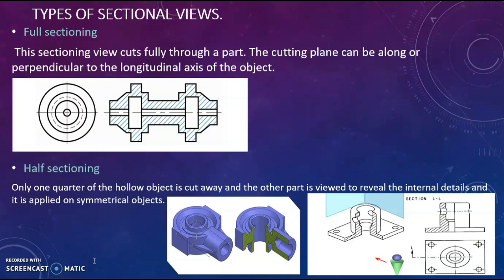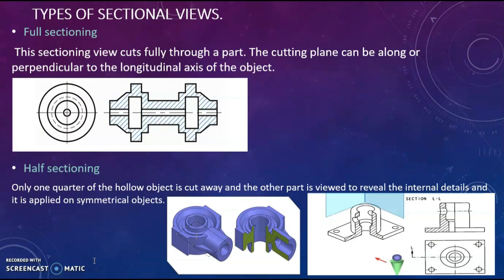For full sectioning, this section view cuts fully through a part. The cutting plane can be along or perpendicular to the longitudinal axis of the object. So for this full sectioning, it cuts fully through the part we are sectioning. That's for the full section.